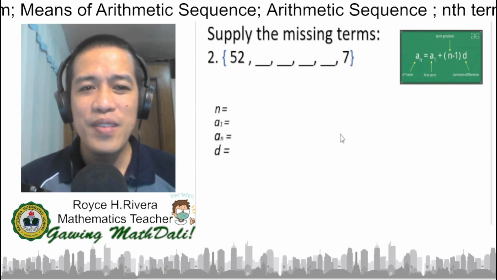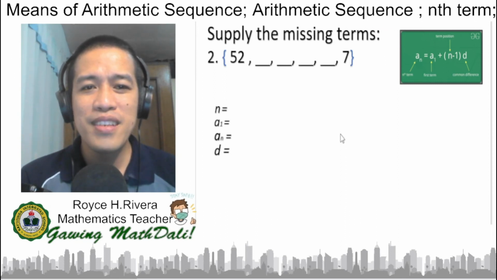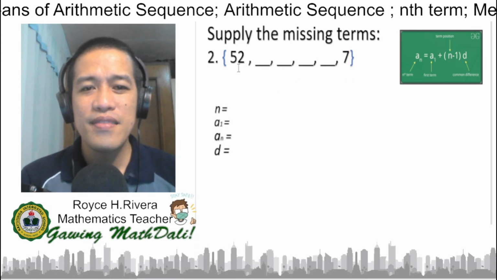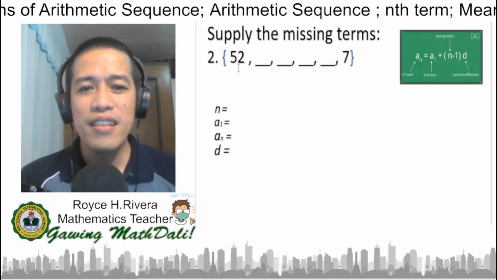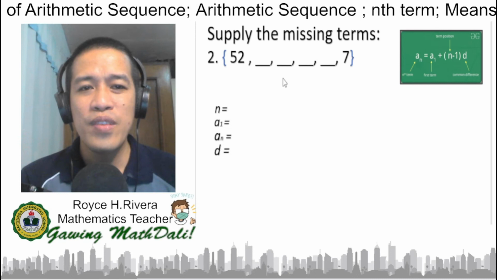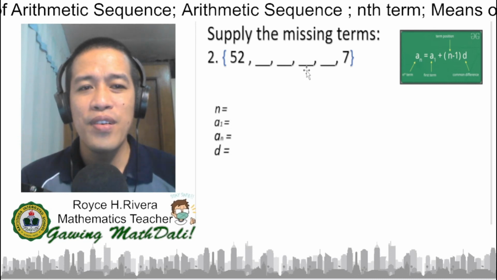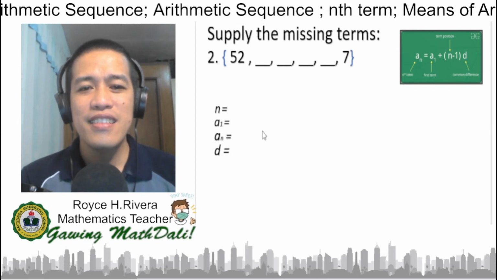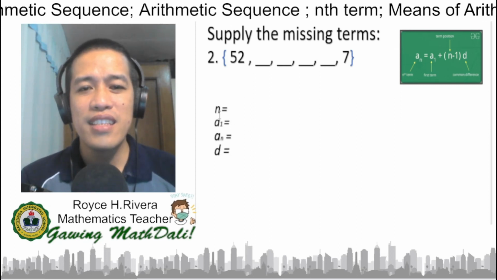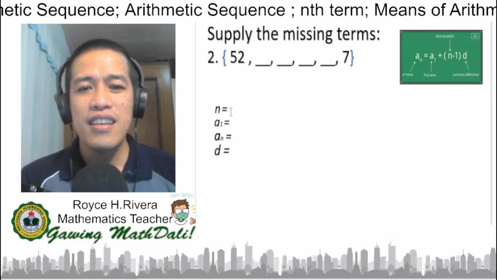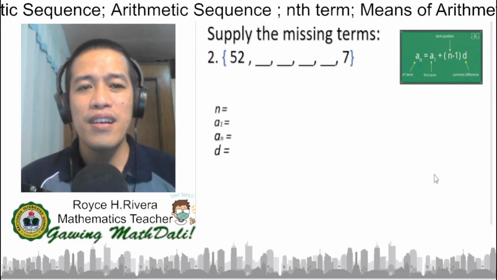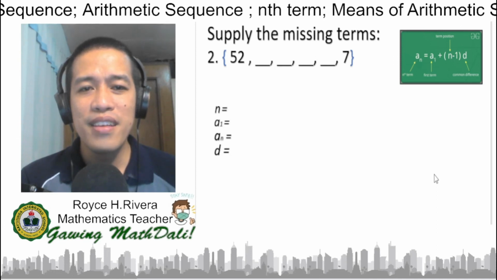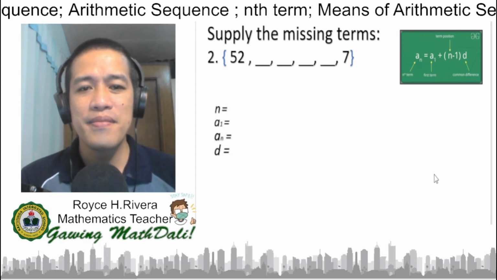We need to count the number of term positions in the given sequence. 1, 2, 3, 4, 5, 6. So 6 is the number of term positions in the given arithmetic sequence.